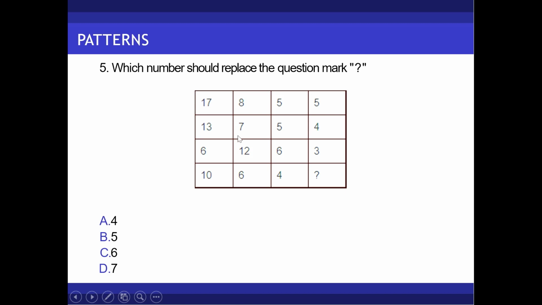Next, 13 plus 7, that's 20. So the factors are 5 times 4. Next, 6 plus 12, that's 18. And the factors are 6 times 3.